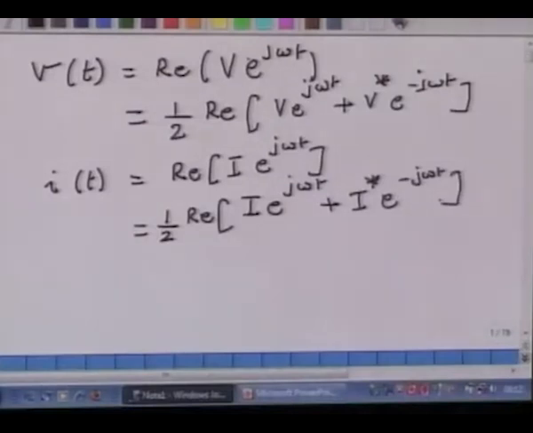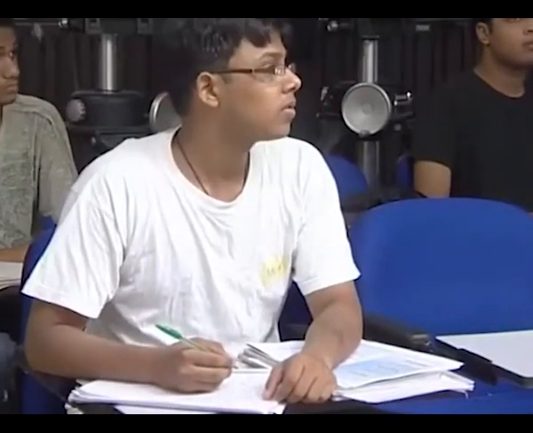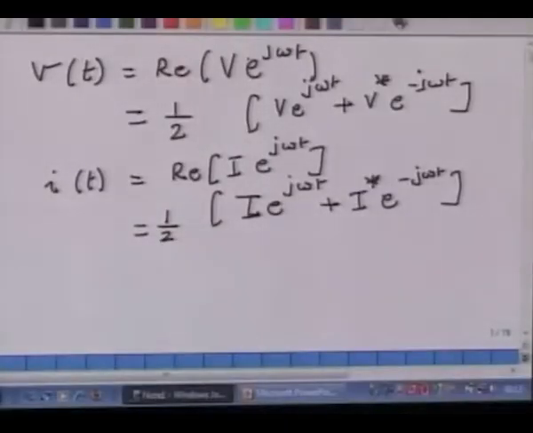So we do not need to write real part explicitly, because when I add these two, V and V star, it does give me the real component.